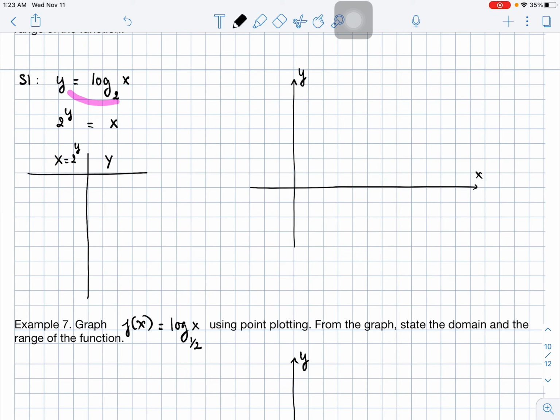That means we will do the output first and then we find the input. We're going to put the output as -2, -1, 0, 1, and 2. Then we have 2 to the -2, 2 to the -1, 2 to the 0, 2 to the 1, and 2 squared.